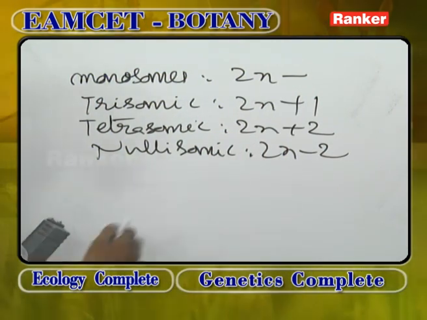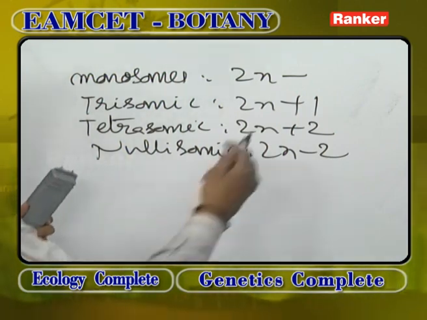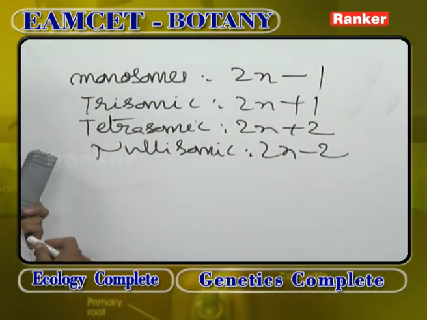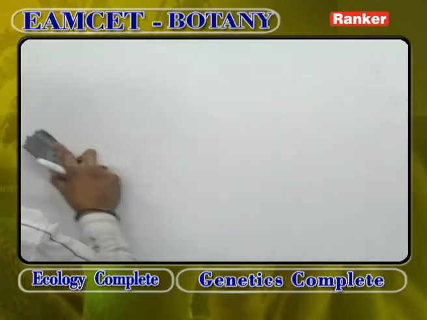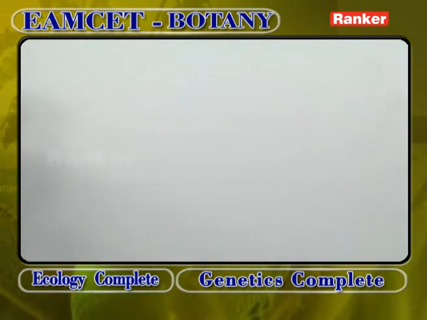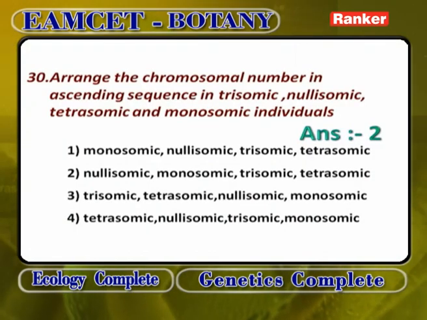Monosomic 2n-1, trisomic 2n+1, tetrasomic 2n+2, nullisomic 2n-2. This comes under mutations, changes in the chromosomal number. For this, the answer is nullisomic 2n-2, then monosomic 2n-1, then trisomic 2n+1, and tetrasomic 2n+2.